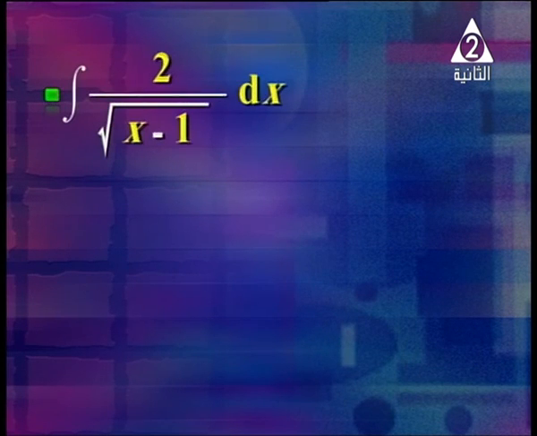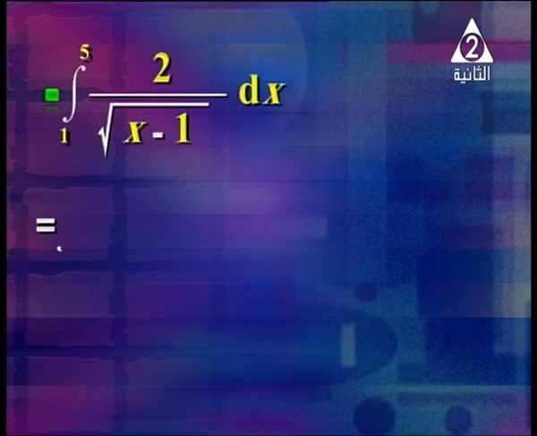After that, find the integration of 2 over the square root of x minus 1, from 1 to 5, with respect to dx. Remember, dear student, the square root of x minus 1 becomes x minus 1 all to the power 1 over 2. This denominator is x minus 1 all to the power negative 1 over 2.